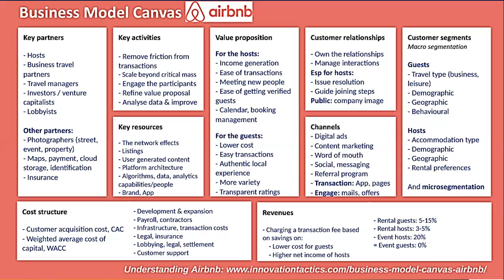Then you have various rental schemes as shown here. Then key activities: remove friction from transactions. I'm talking about activities, scale beyond critical mass, engage the participants, refine value proposal, analyze data and improve.